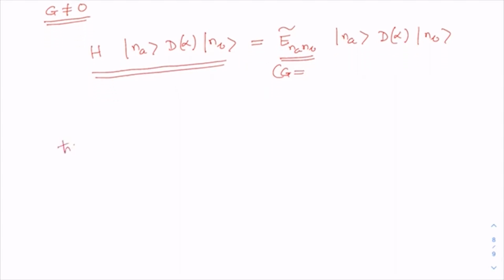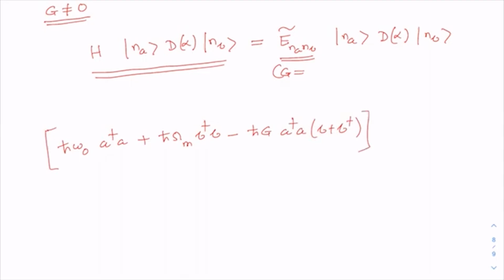The Hamiltonian here is h cross omega 0 a dagger a plus h cross omega m b dagger b, and now we have minus h cross z a dagger a (b plus b dagger). So this is our Hamiltonian. It is operating on the number state and the displaced mechanical state.